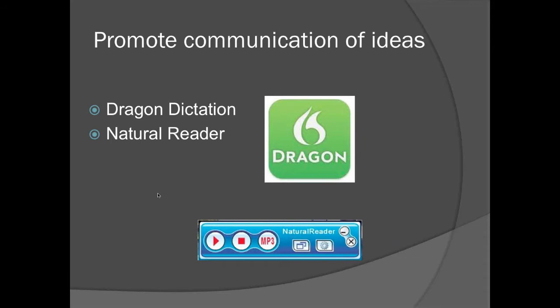Dragon Dictation, I often use with students who are telling me a story out loud, and I use Dragon Dictation on my phone, and it helps to type up that story. It converts those words to text. Again, it helps kids who are maybe having a hard time with writing or reading, a way for them to really communicate their ideas.